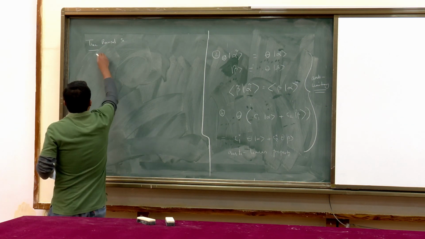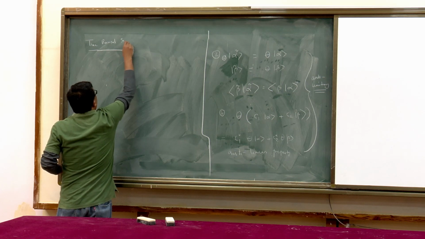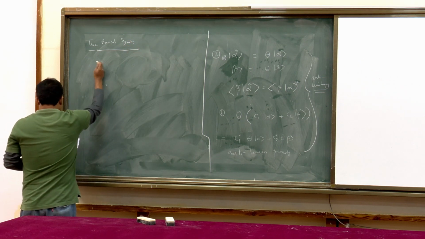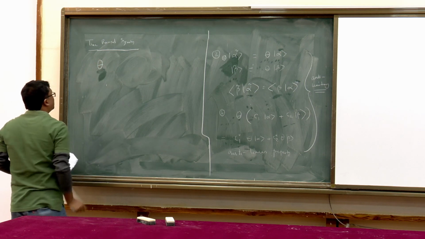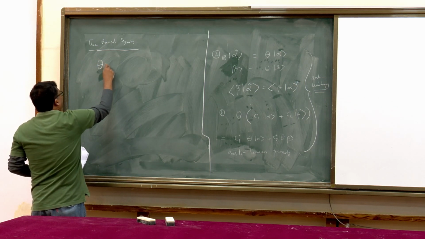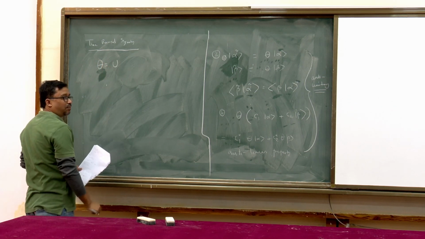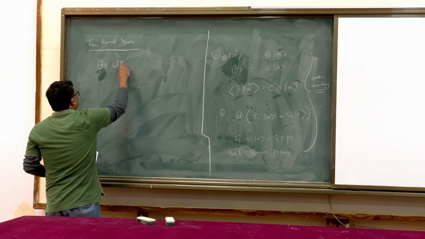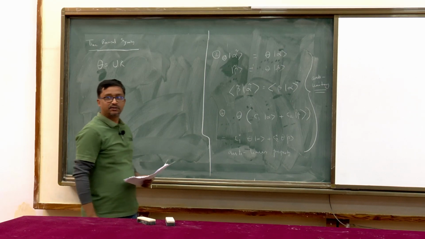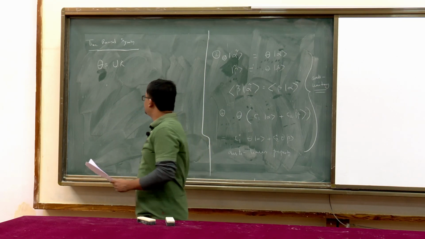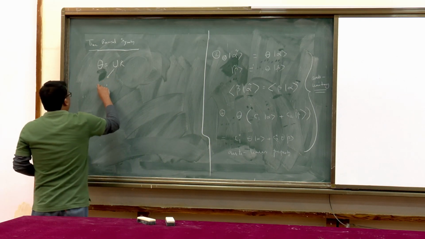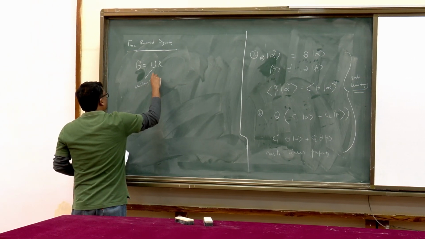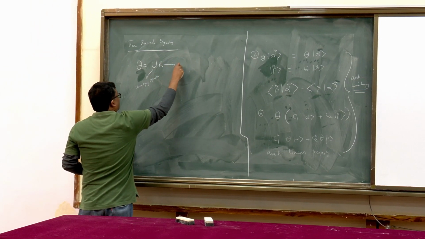Then here is the claim we are going to make. We will define our operator, some operator theta, as a product of a unitary operator, any unitary operation, and a complex conjugation: U times K. So, this is an operator which is a unitary operator, and this is a complex conjugation.